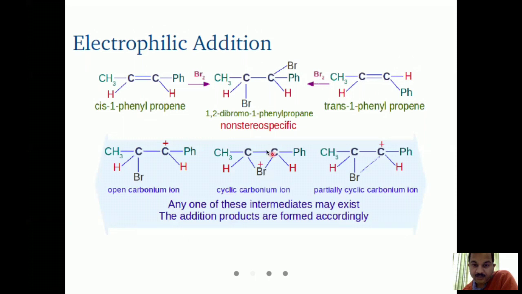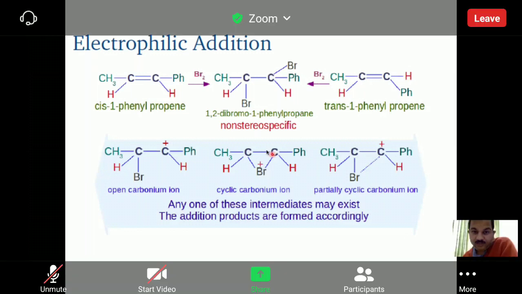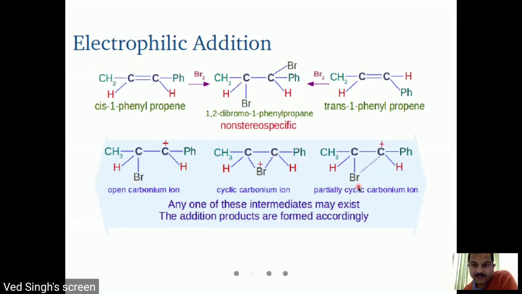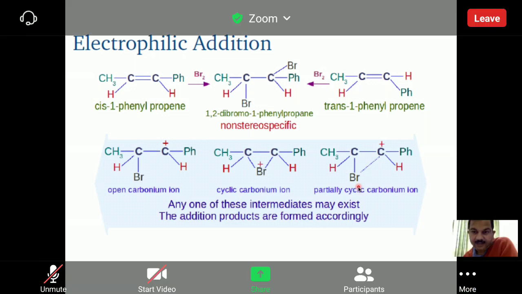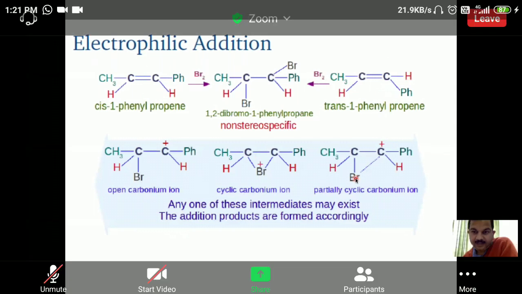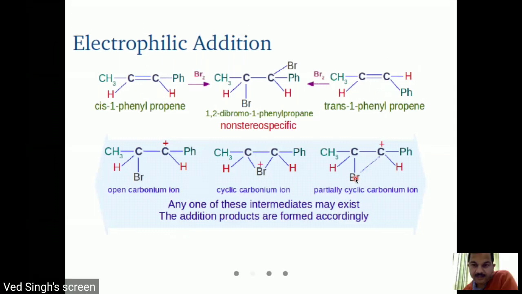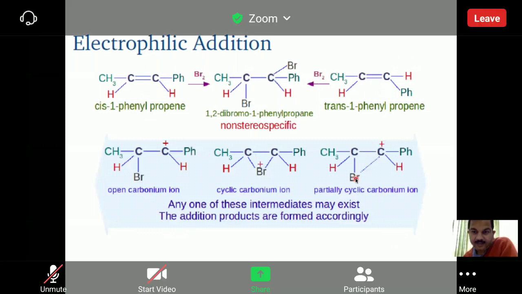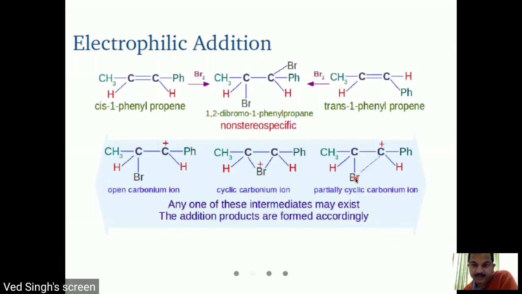Another is a partially cyclic carbonium ion, meaning bromine will attack one carbon, but partially it is forming a bond to stabilize the system by the lone pair of the bromine. So this is a partial cyclic carbonium ion. All these intermediates are possible in the addition reaction.